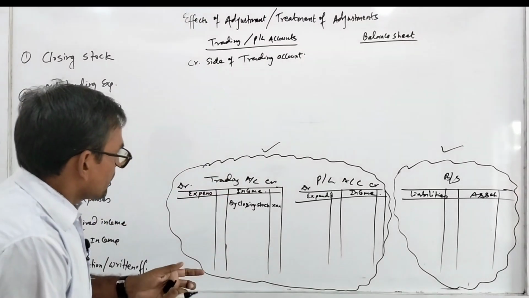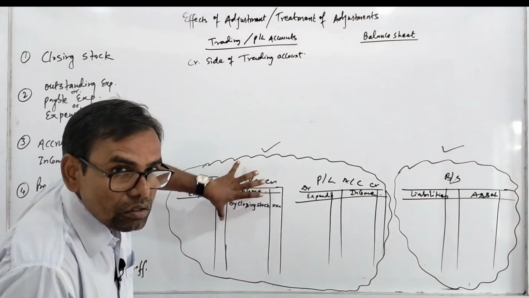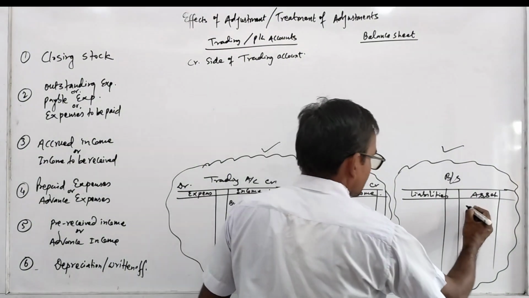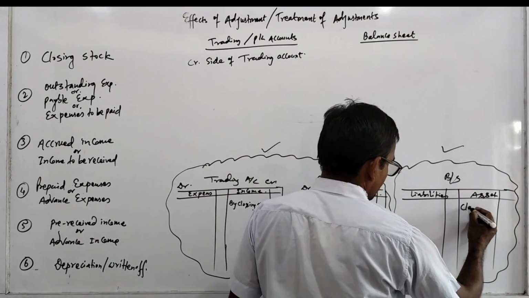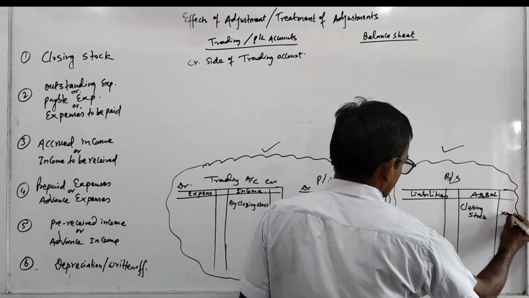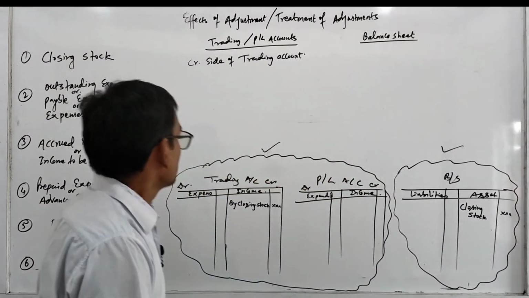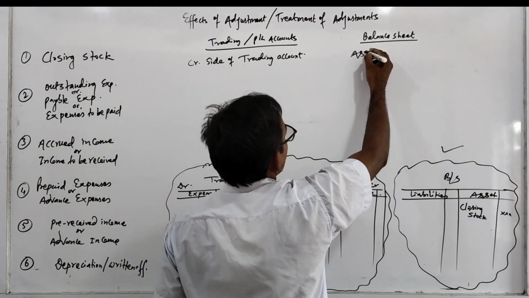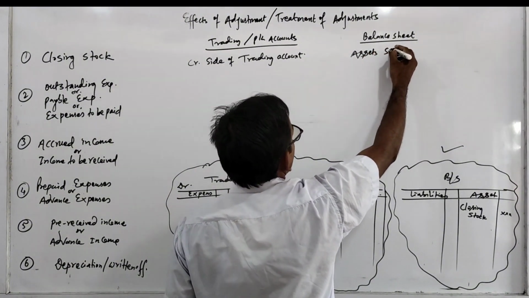And if it is recorded in the trading account, it must also be recorded in the balance sheet, on the asset side. In the asset side you write closing stock. Clear? Credit side of trading account, and asset side of balance sheet.